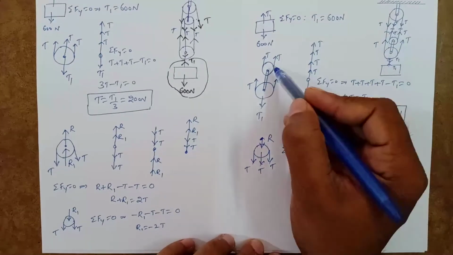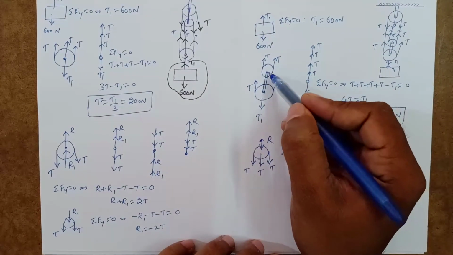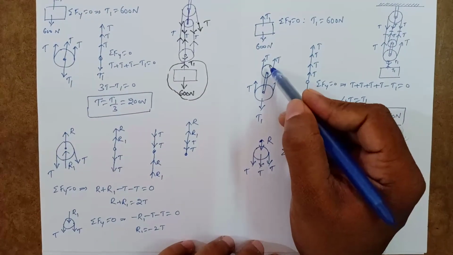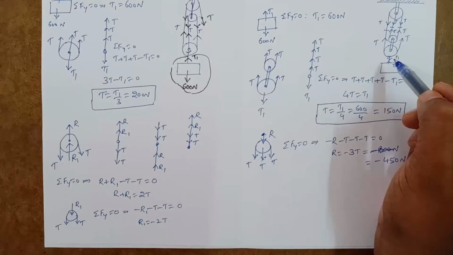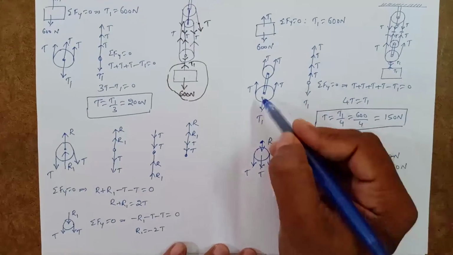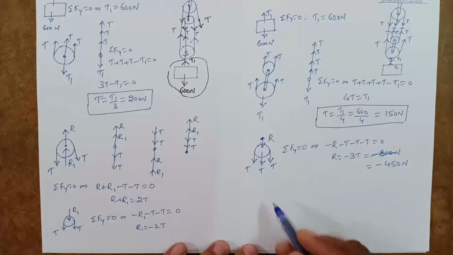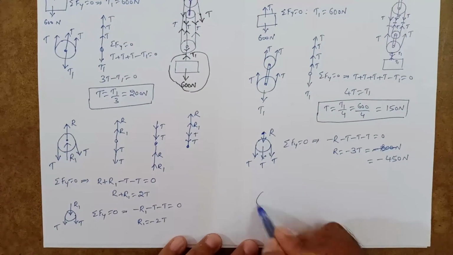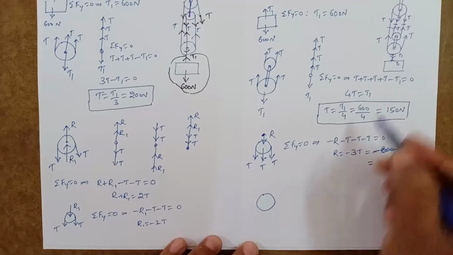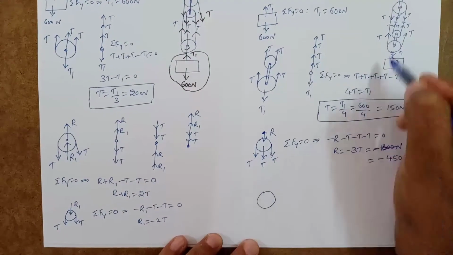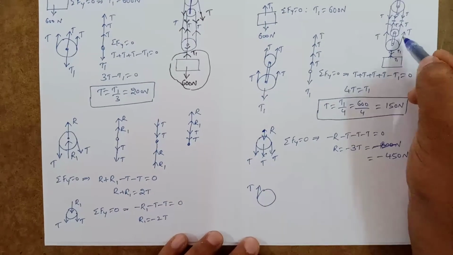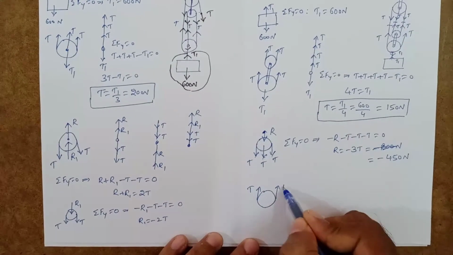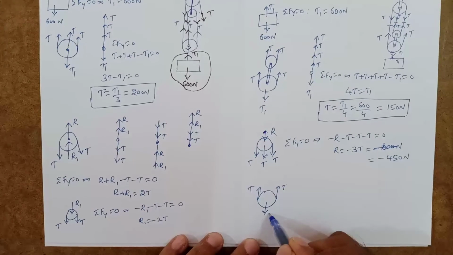Now here we have taken these two pulleys together as one system, and we have drawn the free body diagram. Now let us analyze them separately. Let us draw the free body diagram only for this pulley. For this pulley, it will be like this. Only this pulley. So again, here is T. Here also this is T, and downward is T1.